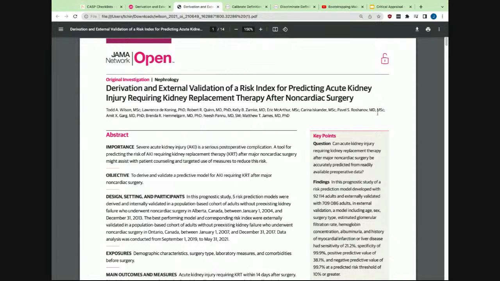So here by itself, it tells you a lot of information already. One, we know that they are doing some sort of prediction. We know the goal of the study is to predict a risk index. Second thing, what is the population? It is among patients with acute kidney injury requiring kidney replacement therapy, and specifically after non-cardiac surgery.